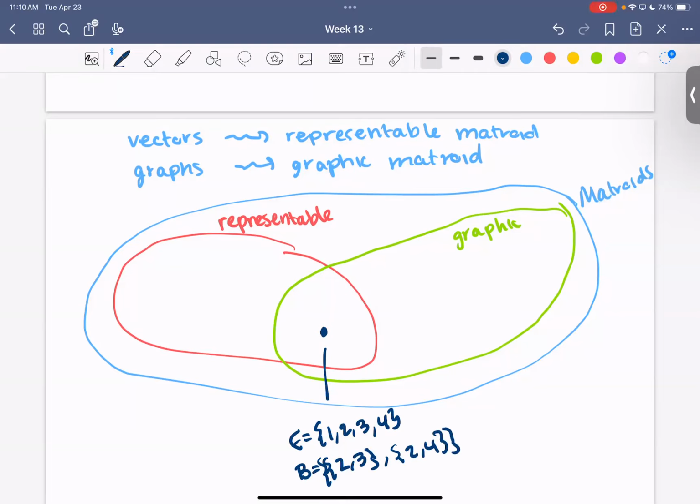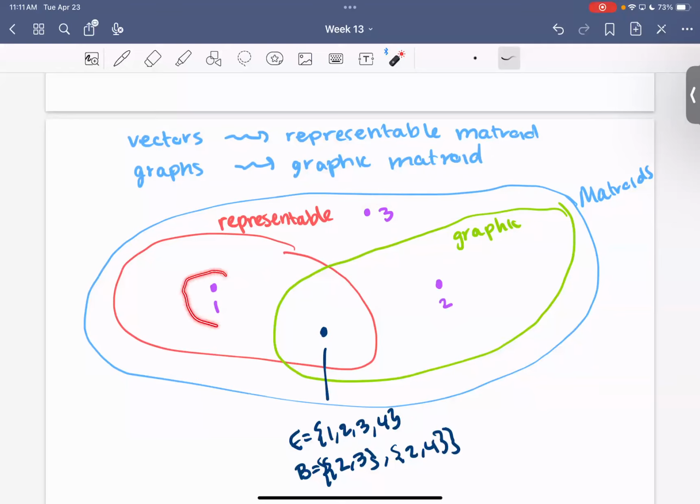So my question is, in these other regions, so here, is there something that's representable but not graphic? Here, is there something that's graphic but not representable? And lastly, out here, is there anything that's neither representable or graphic? So let's just take a vote based on pure intuition.